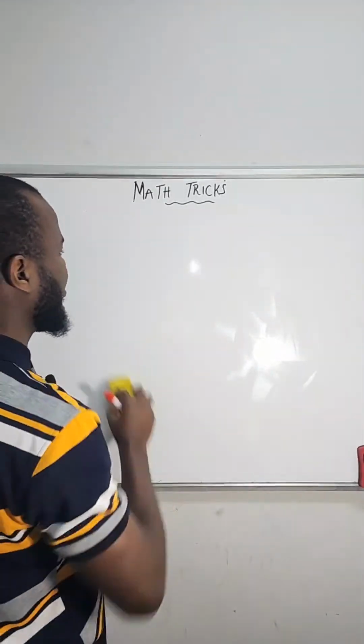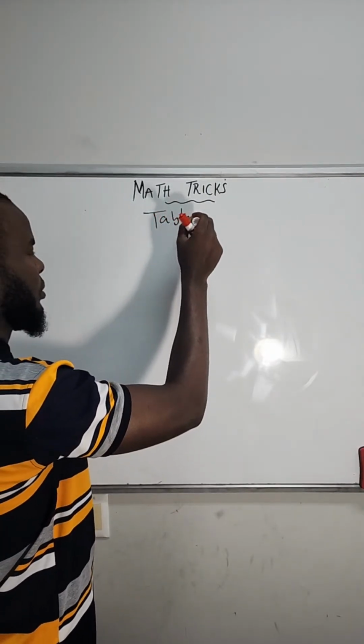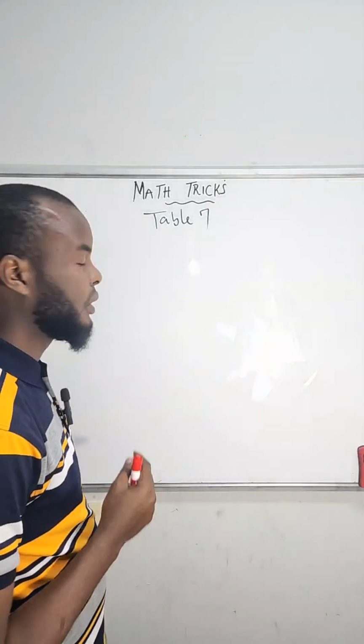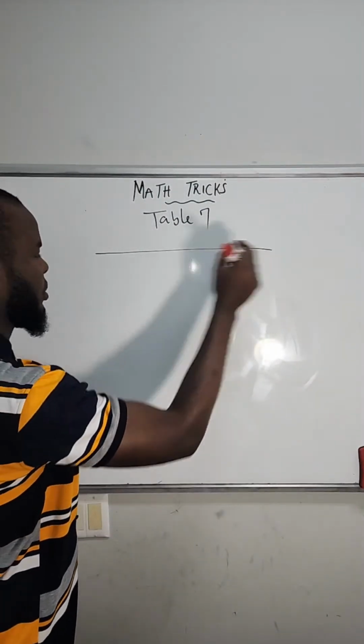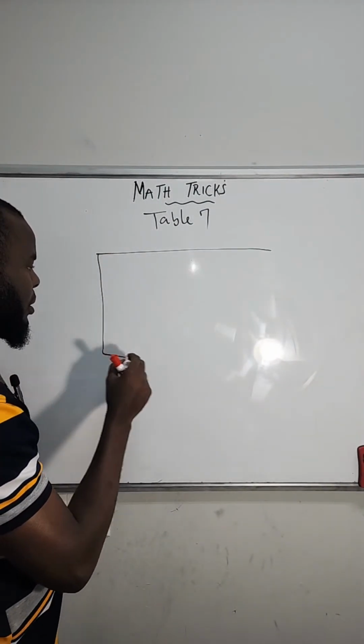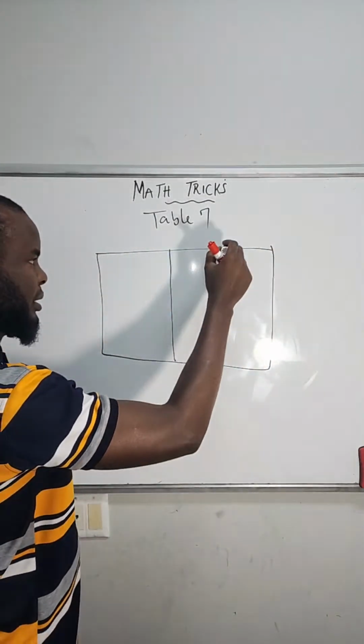Now, for table 7, this is what we have. We just draw a box and divide it into 3.